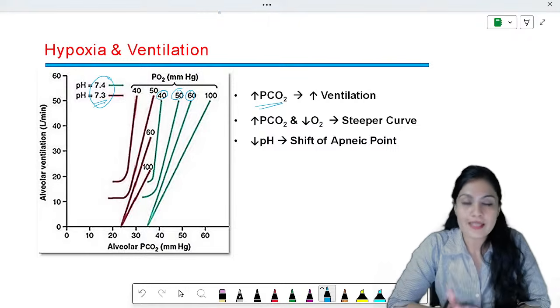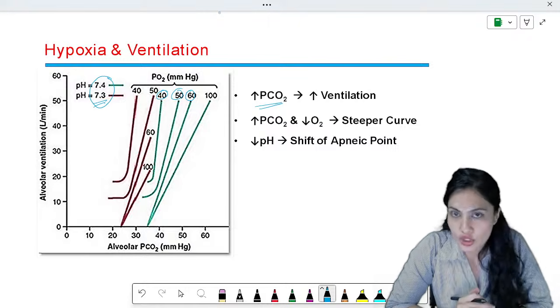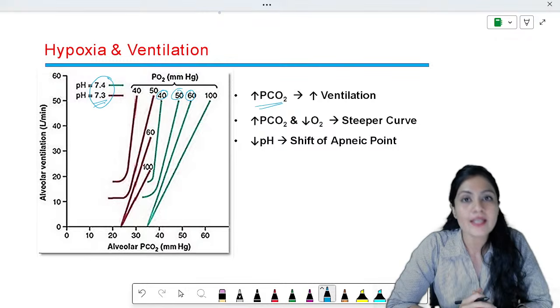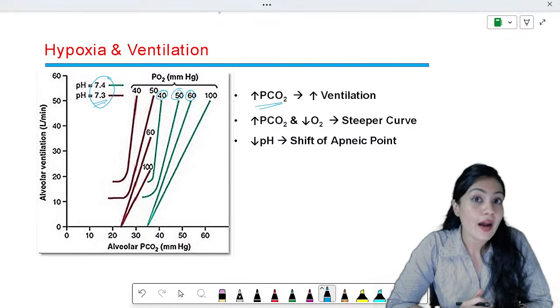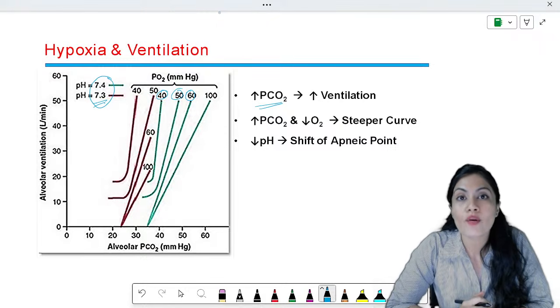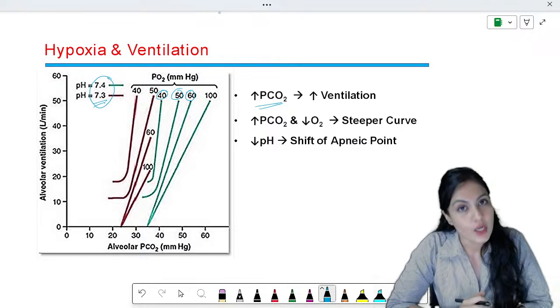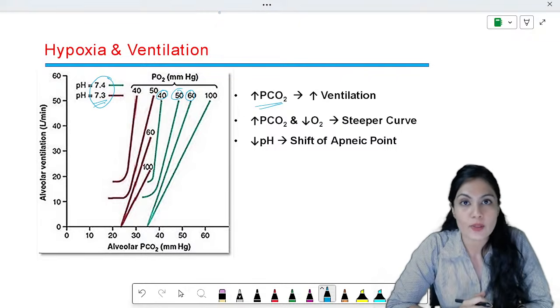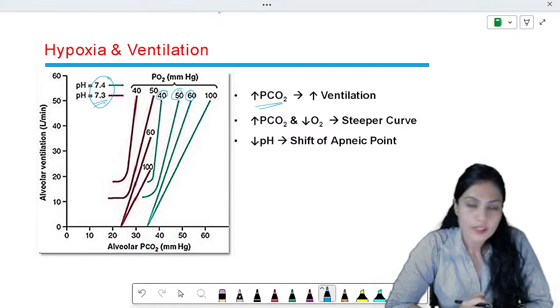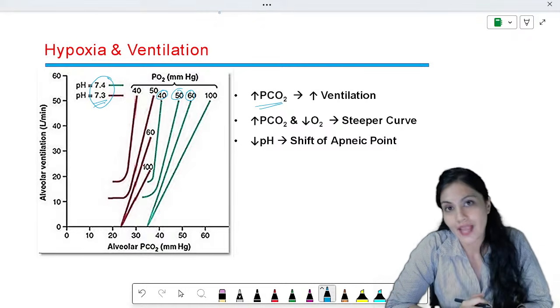So acidosis means the apneic point is going to be shifted, right? What is the apneic point? The point where the apnea occurs, and this is the point of the partial pressure of carbon dioxide. And normally how much is the partial pressure of carbon dioxide at the apneic point in a normal healthy person? That is going to be 37 mmHg.